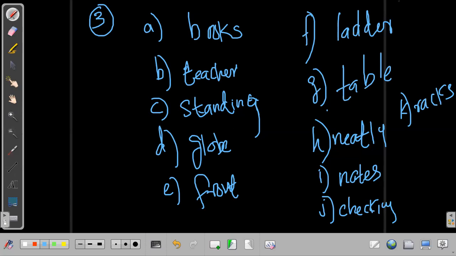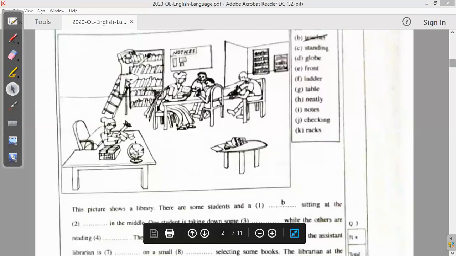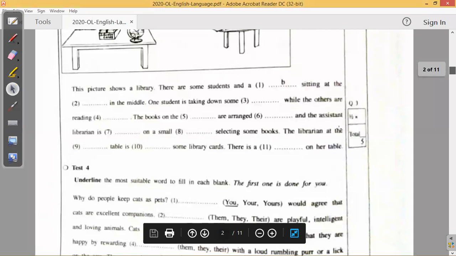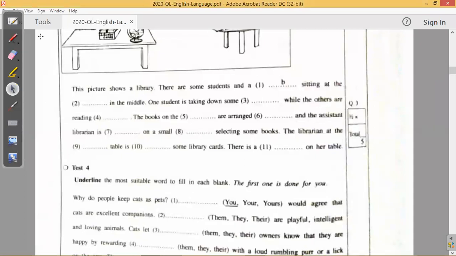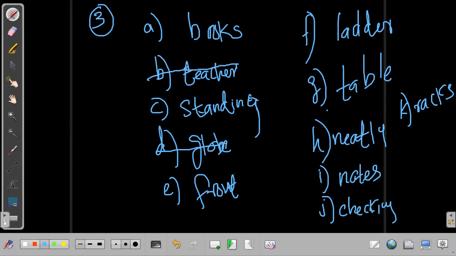Okay. Now we know for a fact that this has already been dealt with. Now we know globe is done as well. Look at this, because the globe came here. The globe comes under 11, right?